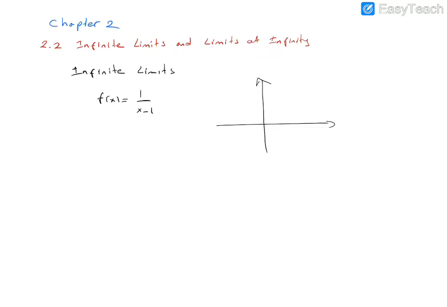So this is the vertical line x equals 1, and the graph looks like this. This is the graph of the function f of x equals 1 over x minus 1.